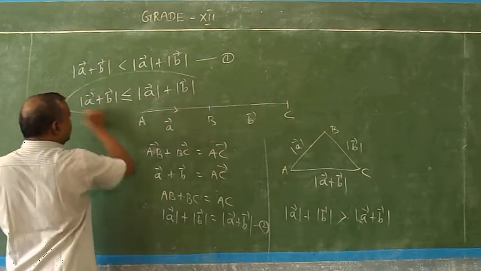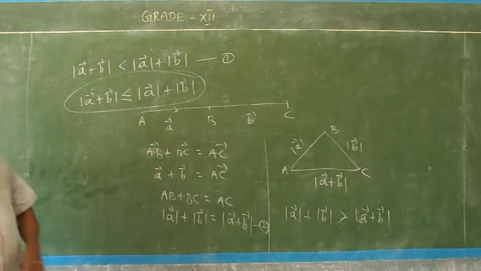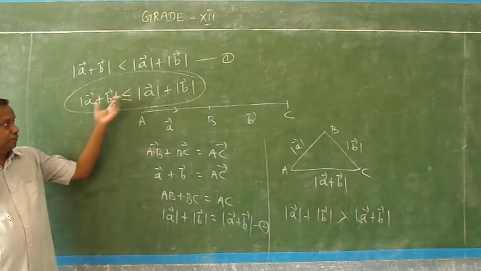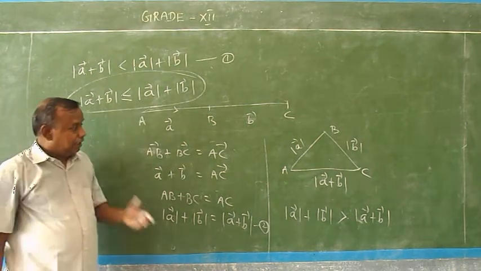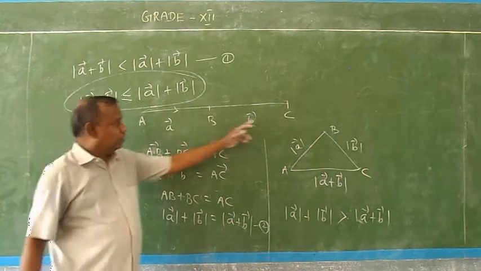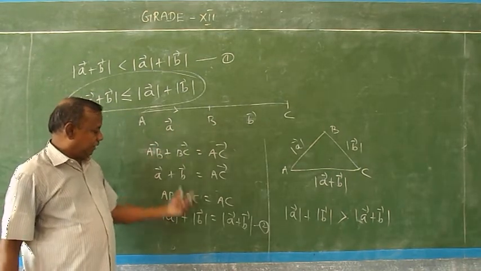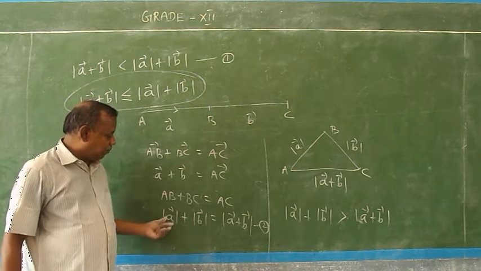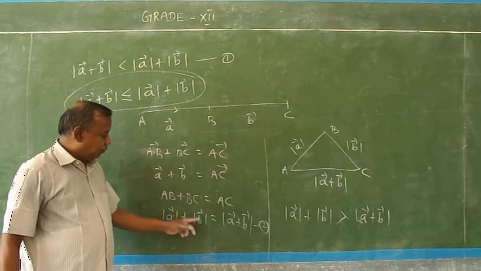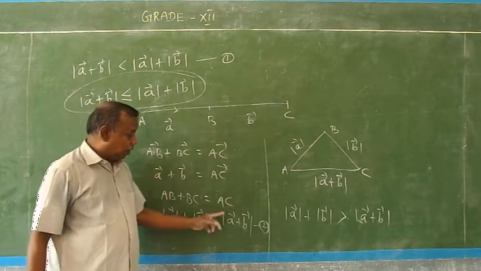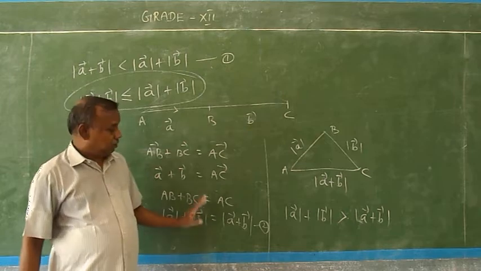This is the general thing, called the triangle inequality. So if the three points are collinear, one of the methods to prove is that modulus of a plus modulus of b is equal to modulus of a plus b.